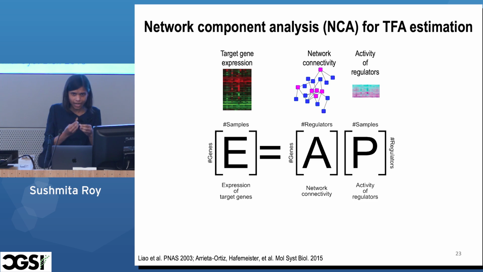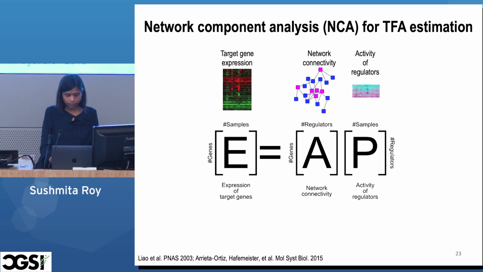And then we will use that activity to again infer another network. So it needs some partial regulatory network that may or may not be correct, but it's going to use that to estimate the activity level, and then we are going to use that to infer the gene regulatory network.